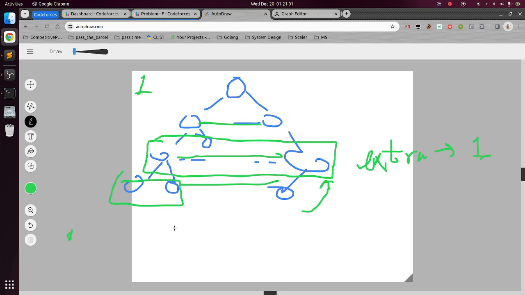Imagine a case like this. You have come to a level, and you have a state like this.